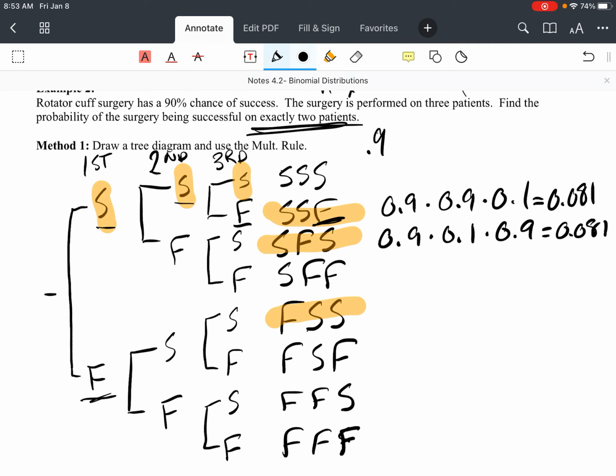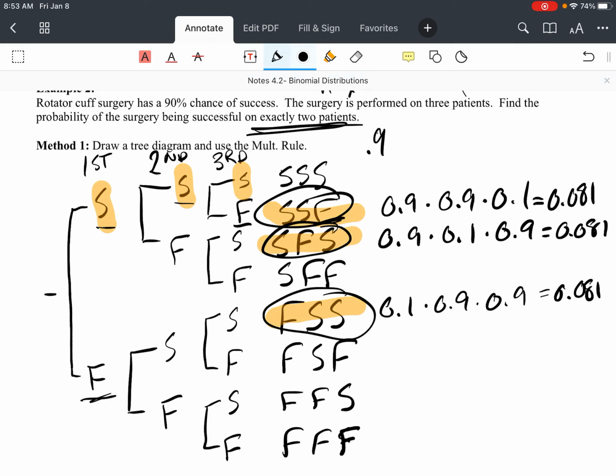So this would be 0.081, and then I do the same thing down here. This would be 0.1 times 0.9 times 0.9, which again gives you 0.081. So the probability of being successful exactly 2 times could happen here, here, or here.